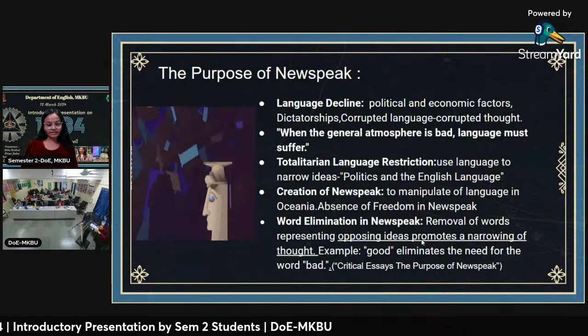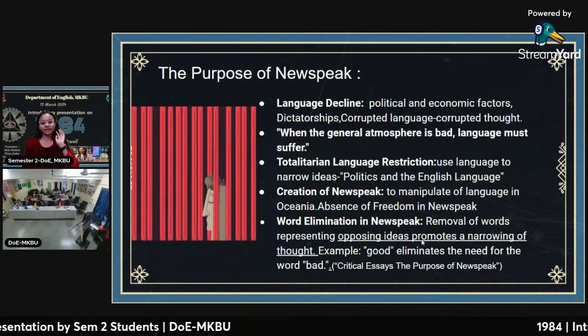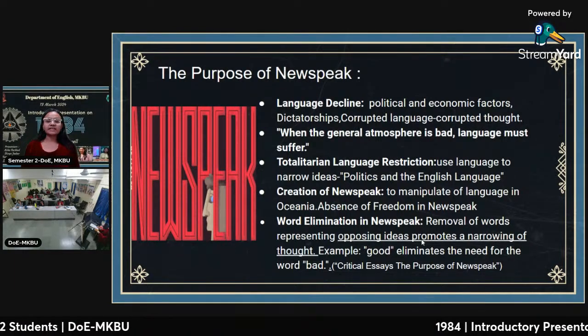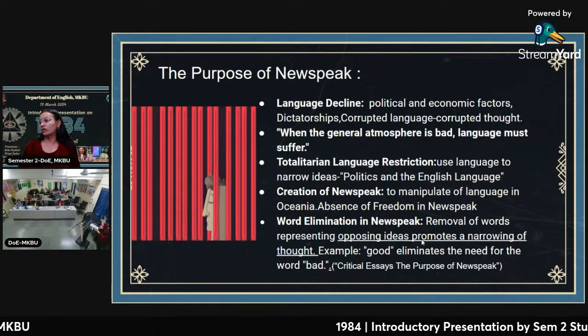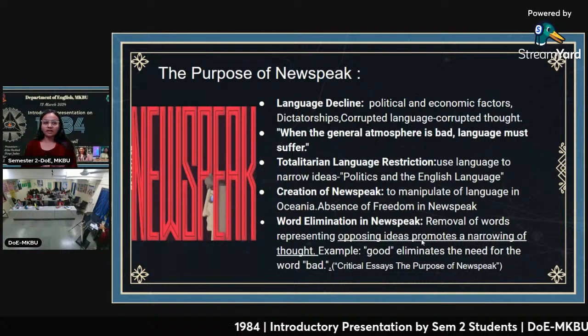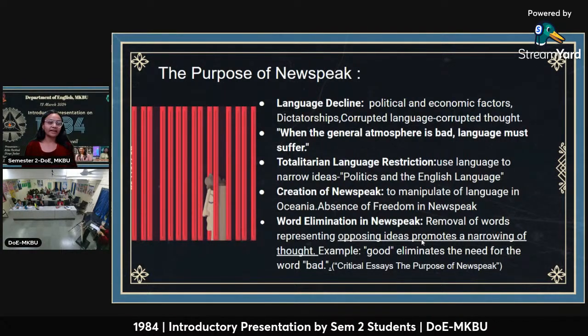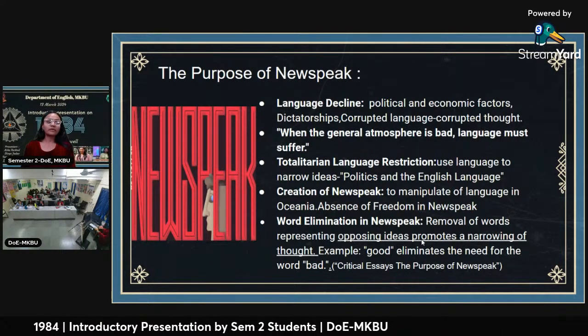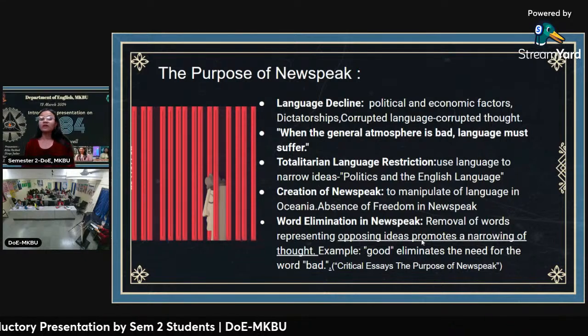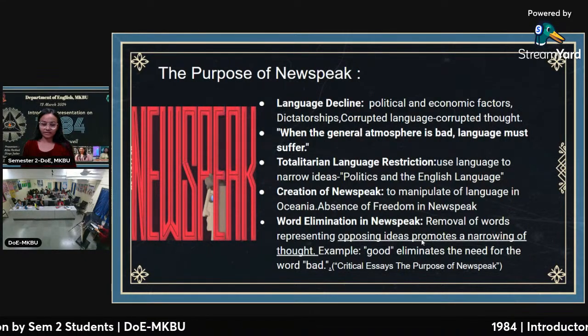In his essay Politics and the English Language, George Orwell said that the use of this totalitarian language narrows down ideas, and that is why people lost the ability to question, and that's what happened with Winston and Julia as well in the novel.